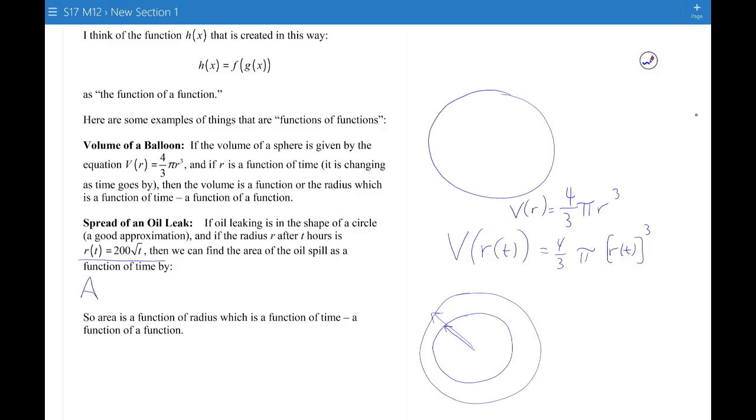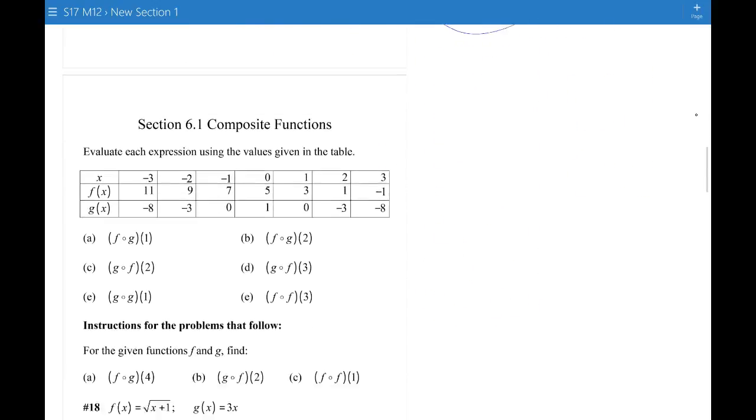Well, then the area as a function of radius is pi r squared, right? So the area as a function of the radius, which is the function of time, is going to look like pi times 200 times the square root of t, squared. So area is a function of radius, which is a function of time, a function of a function.